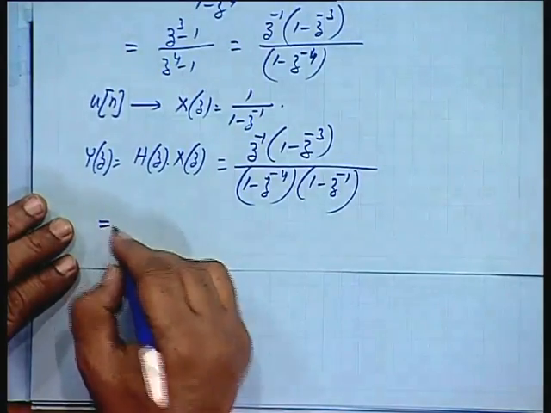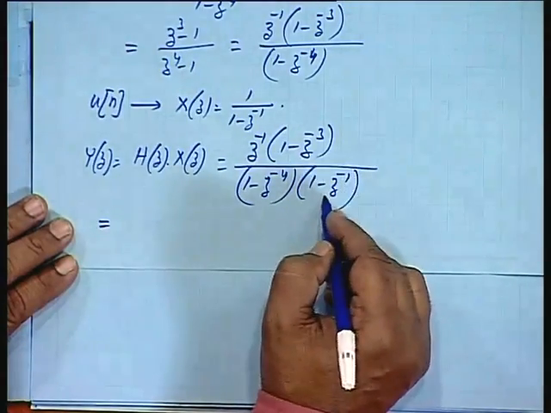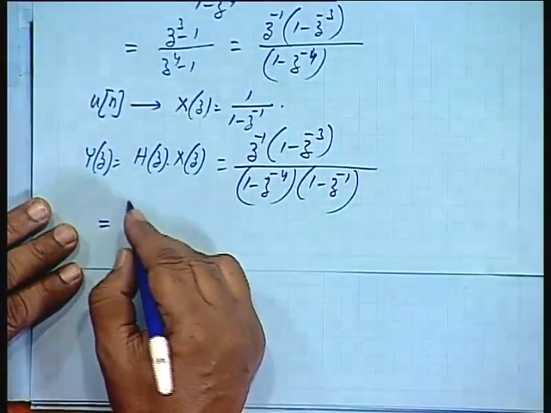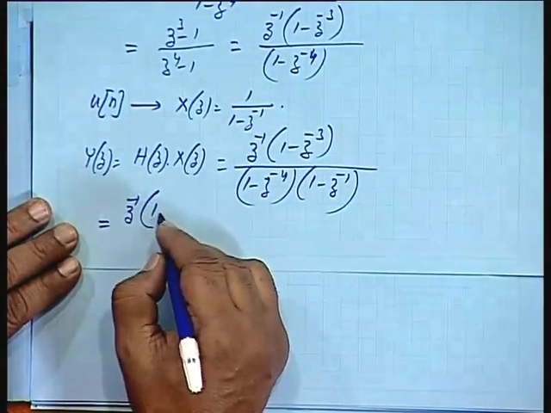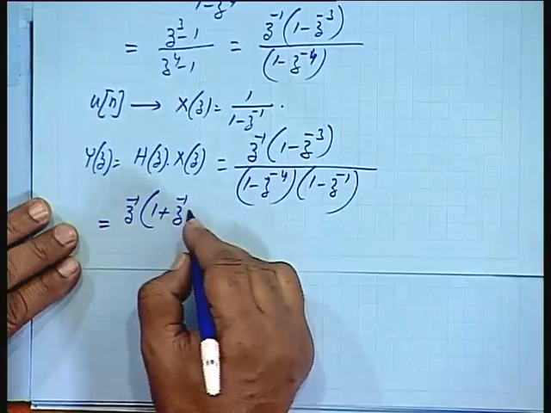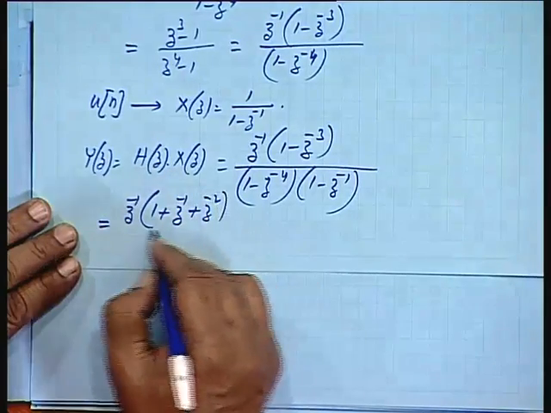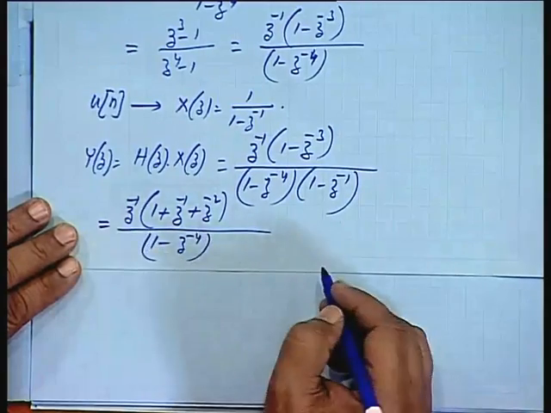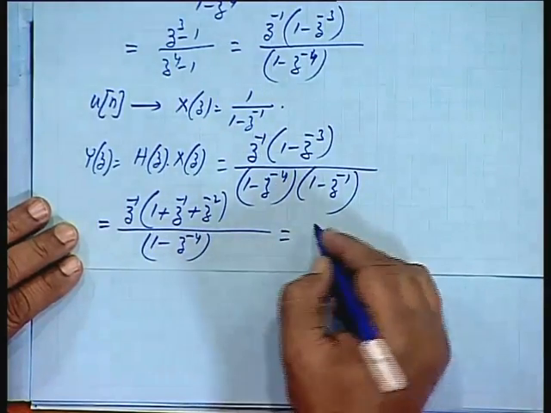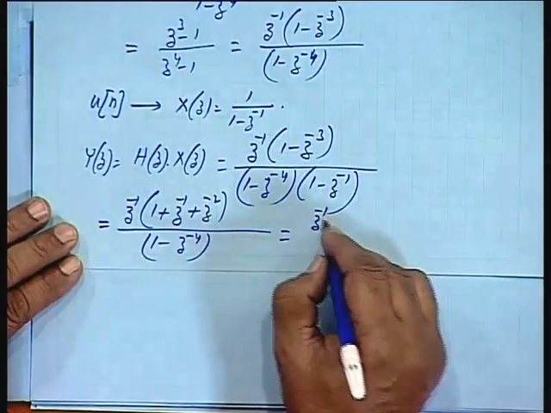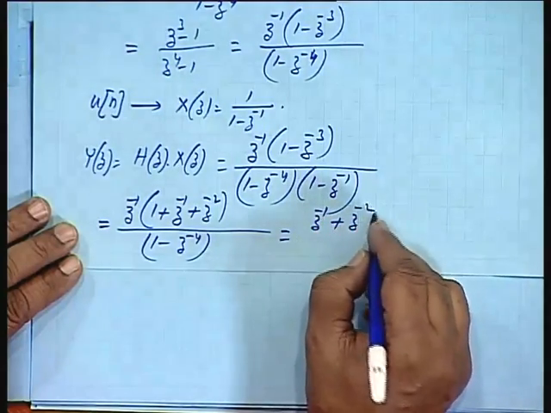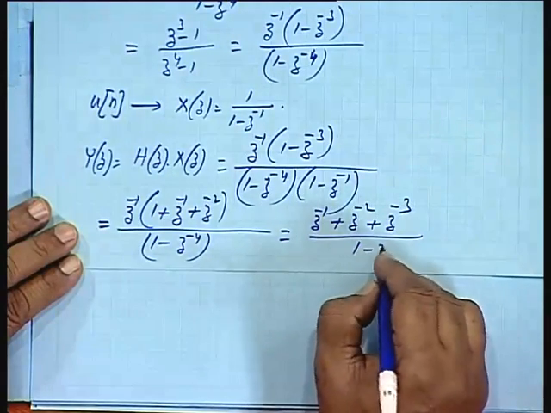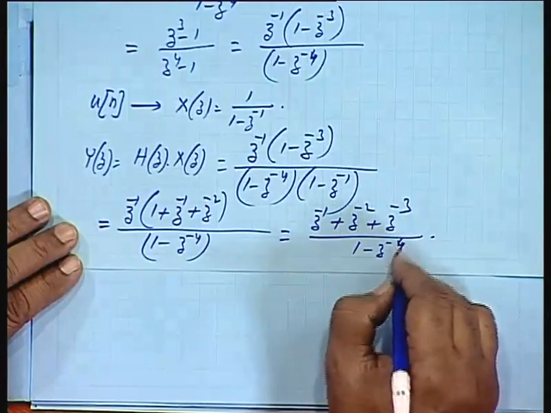And that is equal to, 1 minus z to the power minus 1 I can cancel here, it will be z to the power minus 1, I will be left with 1 plus z to the power minus 1 plus z to the power minus 2 by 1 minus z to the power minus 4. Okay. That gives me z to the power minus 1 plus z to the power minus 2 plus z to the power minus 3 divided by 1 minus z to the power minus 4.